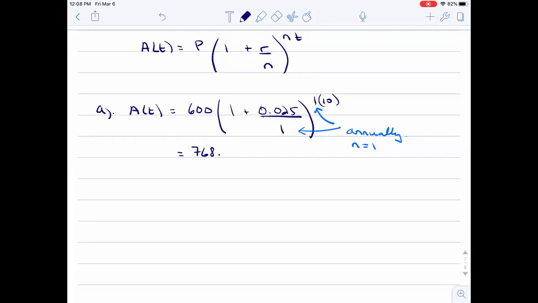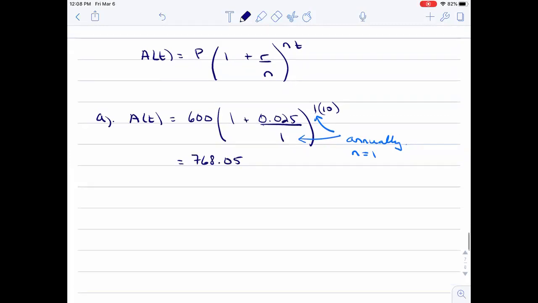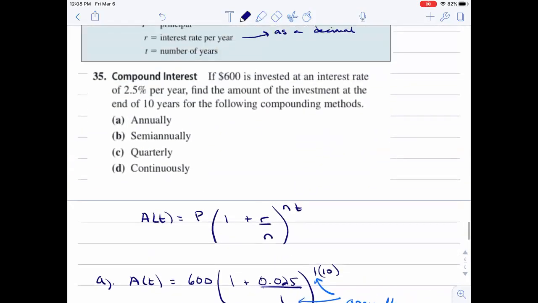So we're not using the compounding? Not until part D. So we want to see just how the compounding frequency affects the amount that we have at the end of the day, or at the end of 10 years, I guess.